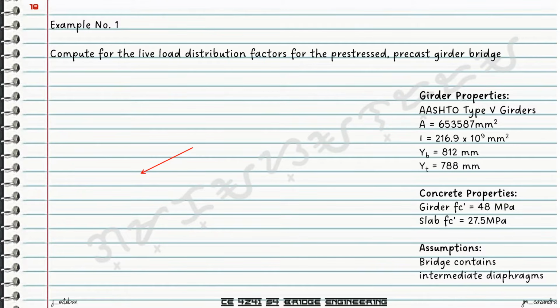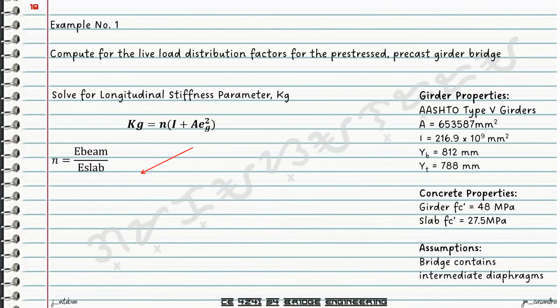For our first step, we solve for the longitudinal stiffness parameter, K sub G, which is solved using the equation n times the quantity I plus A e sub g squared. For n, that is our modular ratio, which is the ratio of the modulus of elasticity of the beam to the slab.